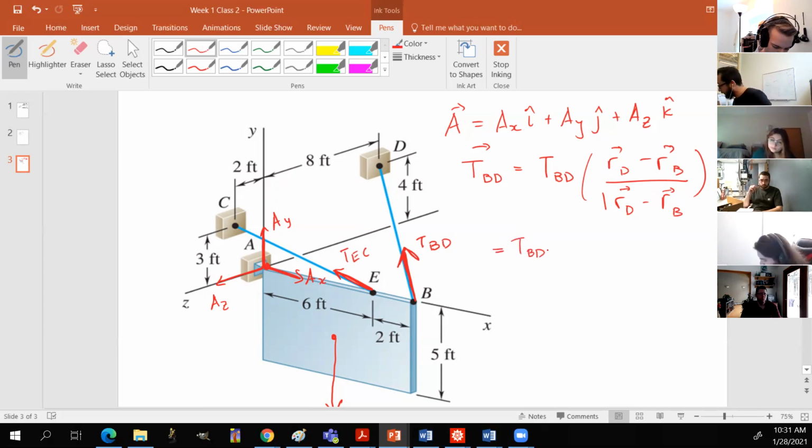and r_D is equal to, where is D? r_D is equal to, you have 8 in the negative k, right? And you have 4 feet in the positive y.